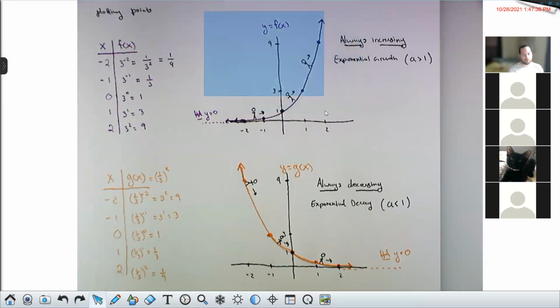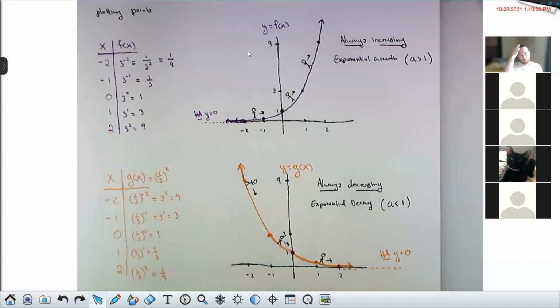Anything like 2 to the x, 3 to the x, 4 to the x, 5.7 to the x will look like this. And anything like 1/2 to the x, 1/3 to the x, 0.57 to the x will look like this. And you can transform these, shift them up, shift them right, flip them over, all of that stuff to get graphs of more complicated exponentials.